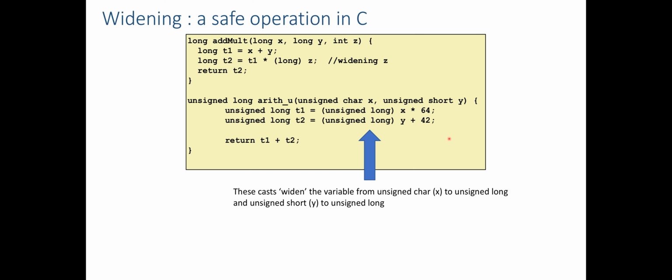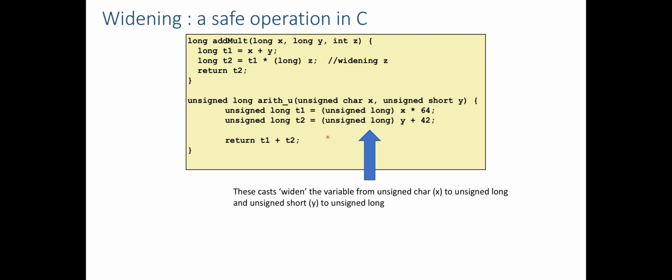Let's get into this. So here's a couple of examples of widening. In this case up here, we had a parameter that was an int, and then we widened it in order to do this multiplication.